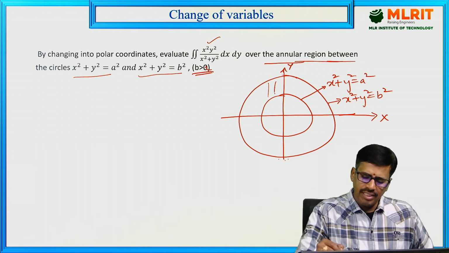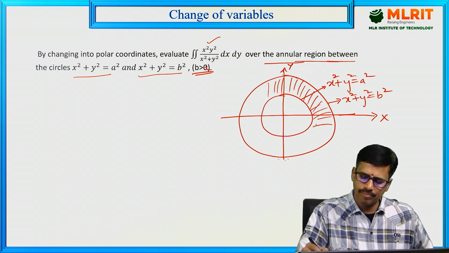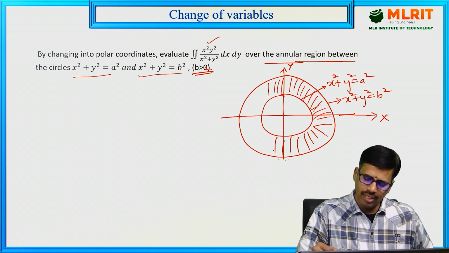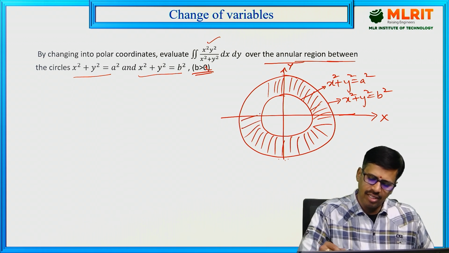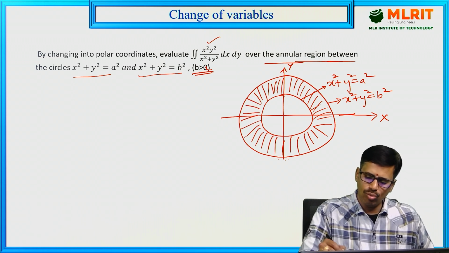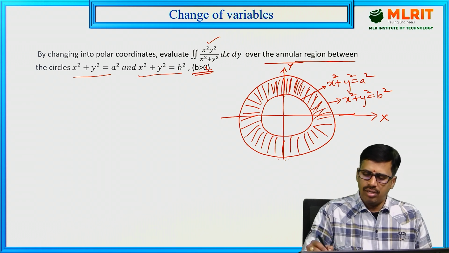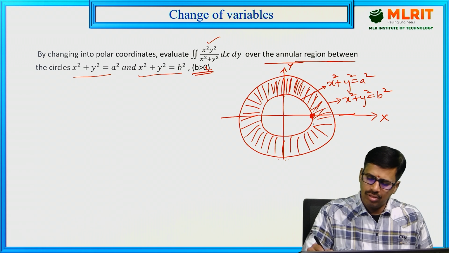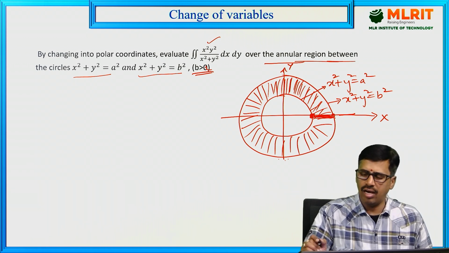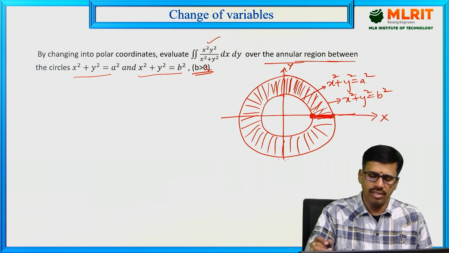So the region is in between these two circles. The region of integration is in between these two circles, annular region between these two circles. And this is the r limits between these two circles.